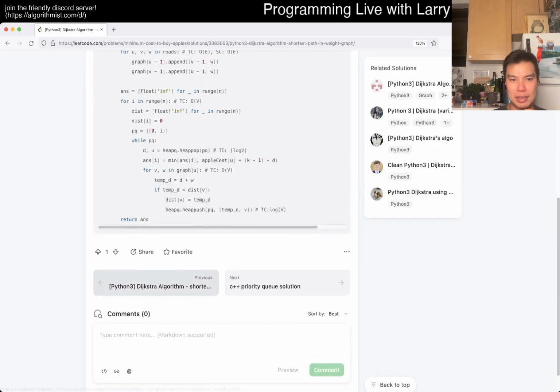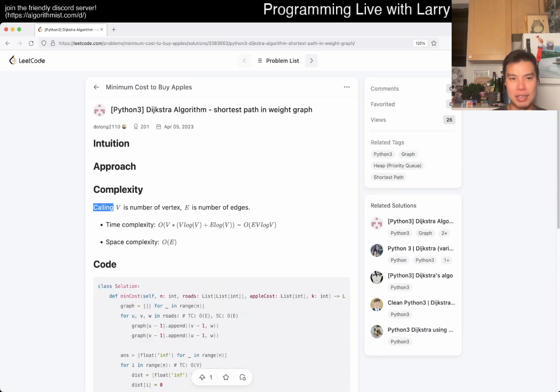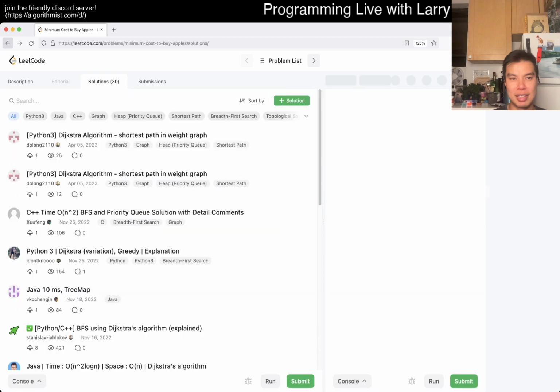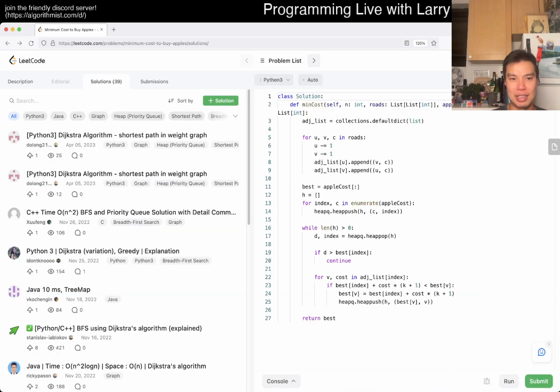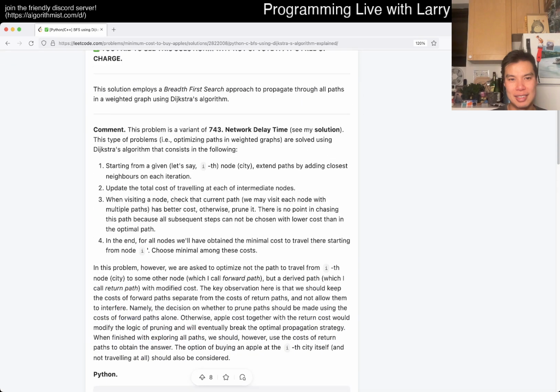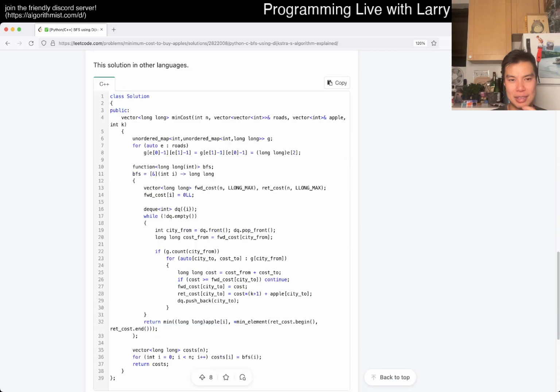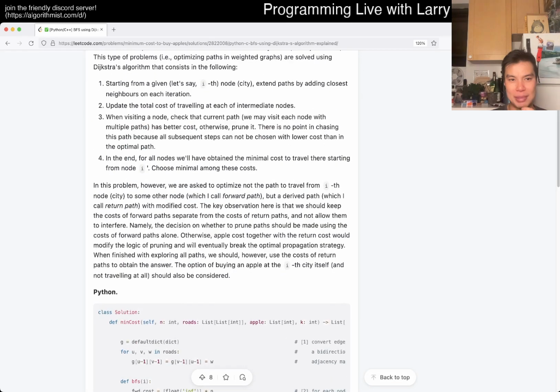What do people say? How do people get upvotes for this? I guess there's only one more upvote. There's an explanation: BFS using Dijkstra. That's just not how this works at all, but okay, fine. This is not really an explanation.